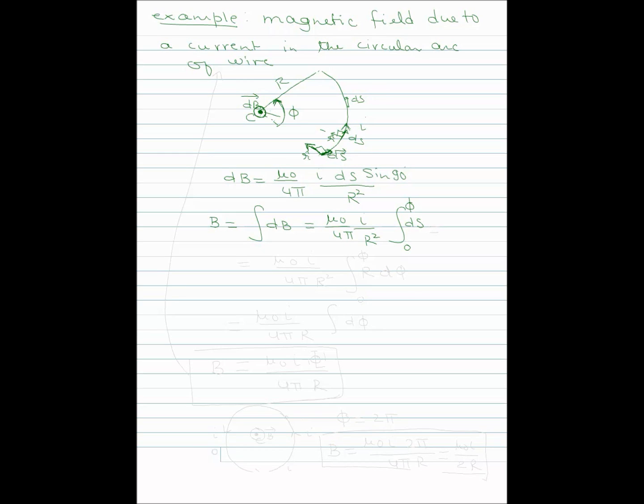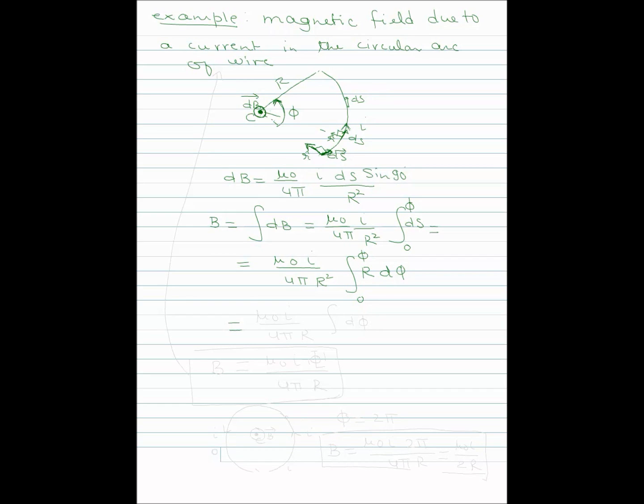So if you look at this, you can see that this will be just mu 0 I over 4 pi r square times this thing. One way to write this is, we can write this as r times d phi, because ds is r d phi, and then you're trying to find it from 0 to phi.